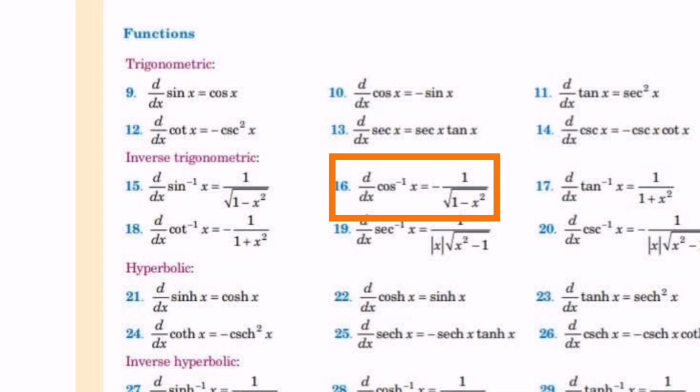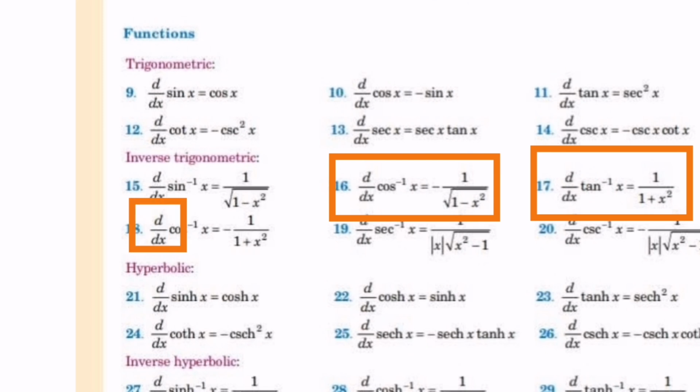So derivatives of sine inverse and cos inverse differ only by negative sign. Derivative of tangent inverse x is equal to 1 over 1 plus x square. Derivative of cotangent inverse x is equal to negative 1 over 1 plus x square.